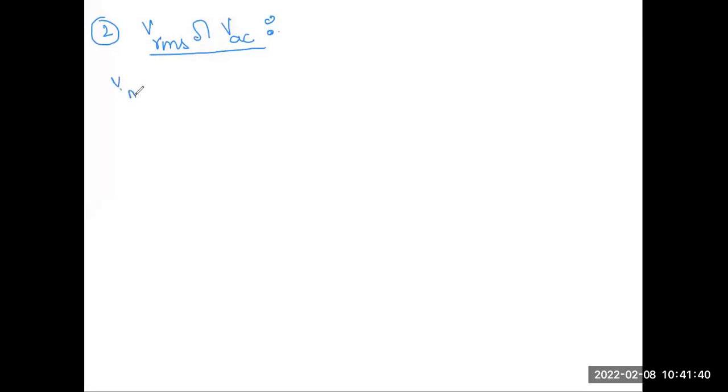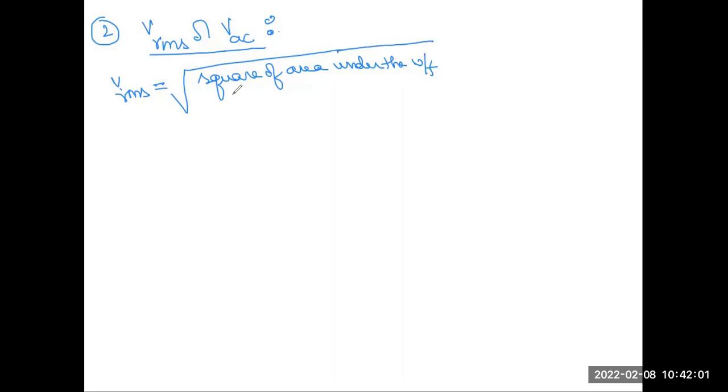VRMS is equal to, if you go with the actual definition, it is nothing but the square of the input, area under the waveform, by the time period. This is how usually we define the root mean square value.